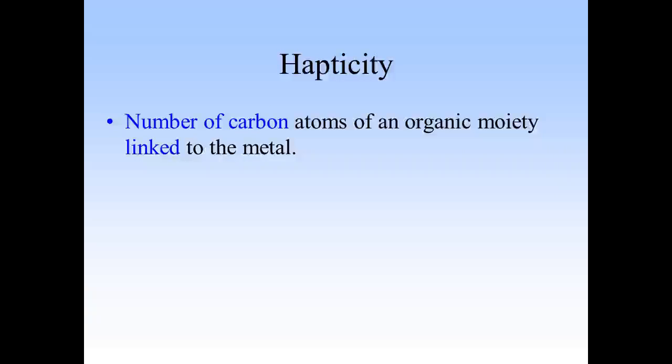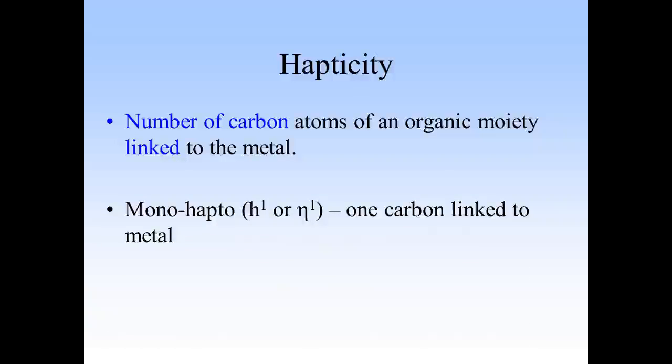So how can we define hapticity? It is a simple definition. We just calculate the number of carbon atoms of an organic moiety linked to the metal. This is very important. The number of carbon atoms of the organic moiety linked to the metal is called hapticity. If only one carbon is linked to the metal, then it is called monohapto.